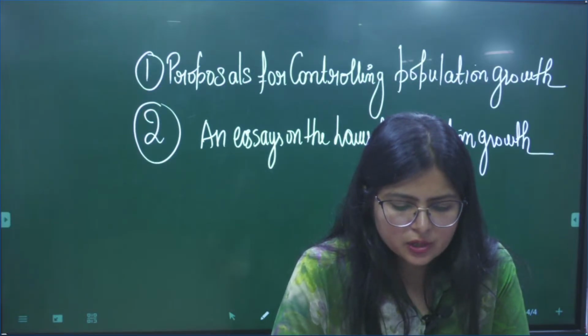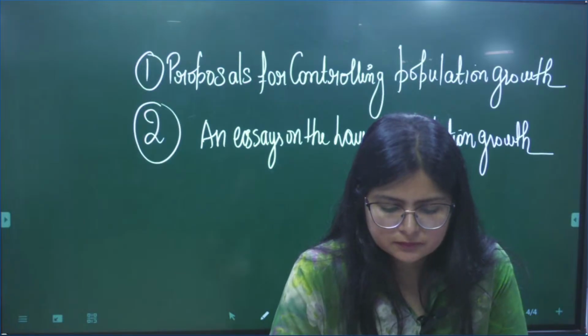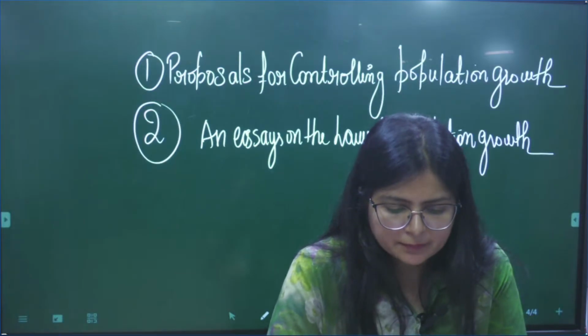According to Malthus, people tend to reproduce.